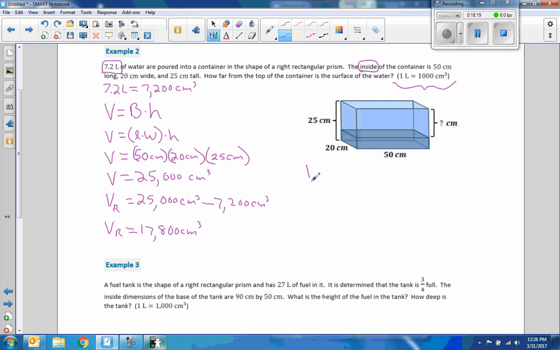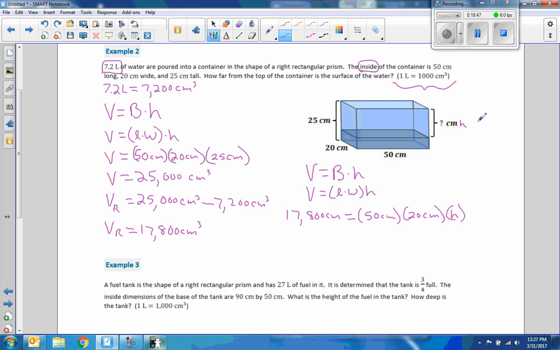So I'm going to write volume equals the base area times the height again, or V equals length times width times height. And now I know my volume, 17,800 centimeters cubed, equals the length, which I know, 50 centimeters, the width, which I know, 20 centimeters, and the height, which I don't know, which is here.